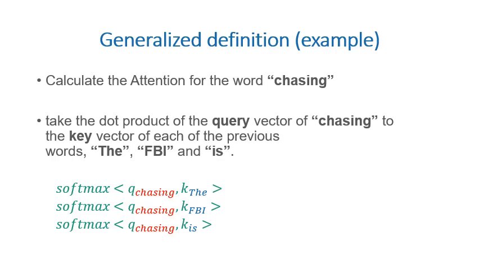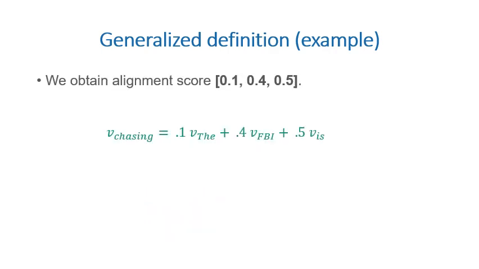Yes, as I explained, we compute the vector which represents chasing as a query, with D as a key, with FBI as a key, and so on and so forth.